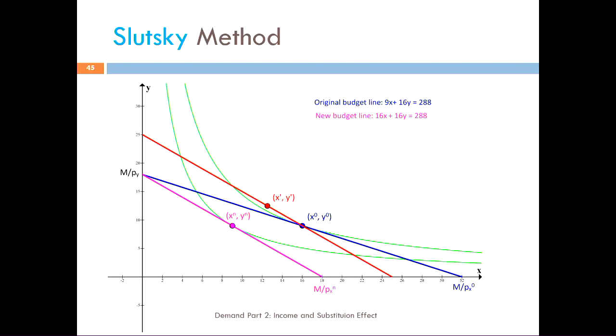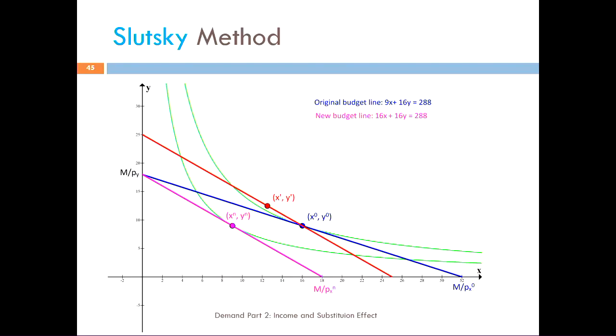We can see that X prime, Y prime is more preferred because it lies above the original indifference curve. So it's a more preferred bundle. So the idea here is, yes, you can afford the original bundle. We're giving you enough income such that at the new prices, you can still buy what you bought originally. However, that's not what you would actually choose. You're going to choose X prime, Y prime, because it gives you a higher utility.